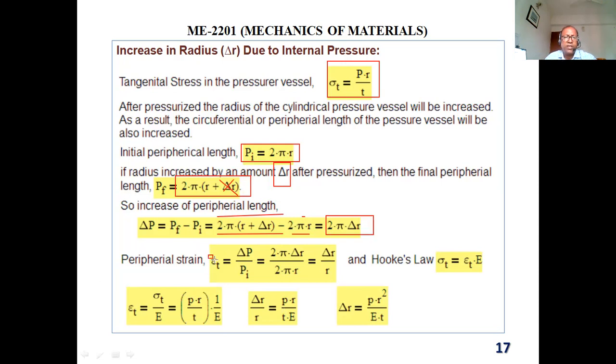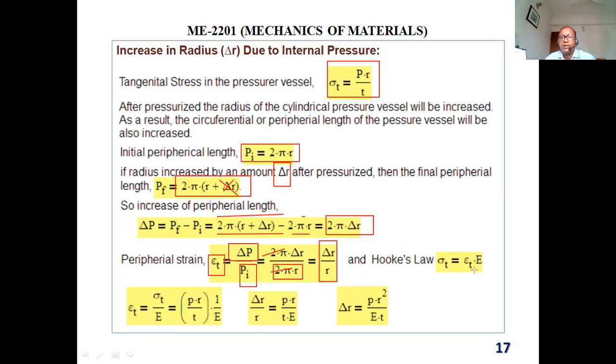So epsilon T equals delta P divided by PI, the initial peripheral length. So PI equals 2 pi R and delta P equals 2 pi delta R. Now you see if you simplify, these two terms cancel out. So you are getting delta R by R. This is epsilon T, that means strain.